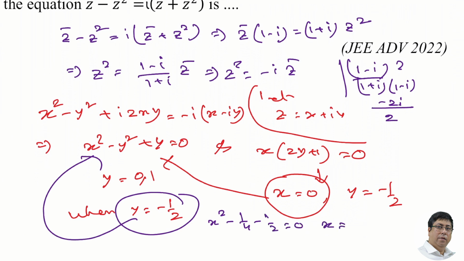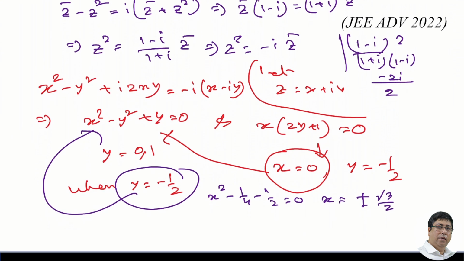So x equals plus minus root 3 by 2. It means there are 4 solutions. Therefore the answer is 4 solutions, and the answer of this integer type question is 4.